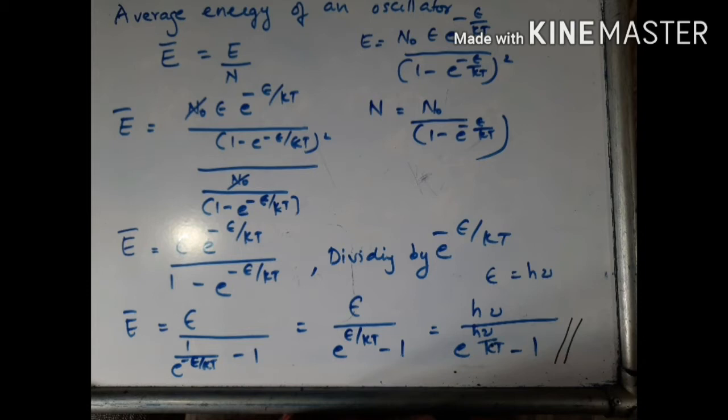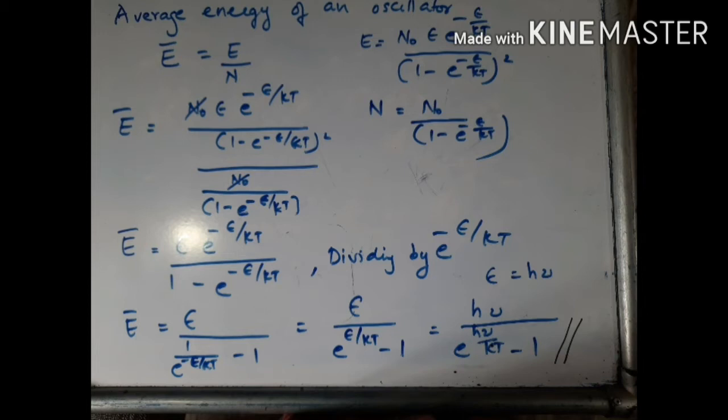We can further simplify the equation by dividing both the denominator and numerator by e raised to minus epsilon by kT, and we get average energy E bar is equal to epsilon by (1 by e raised to minus epsilon by kT, minus 1).